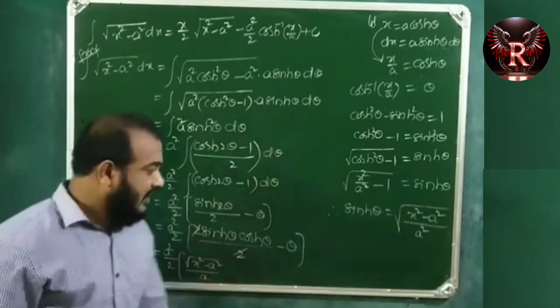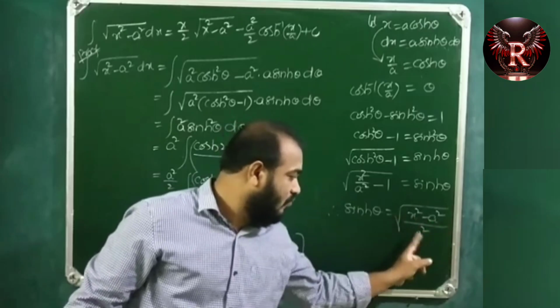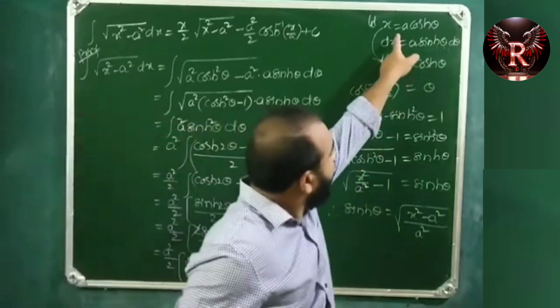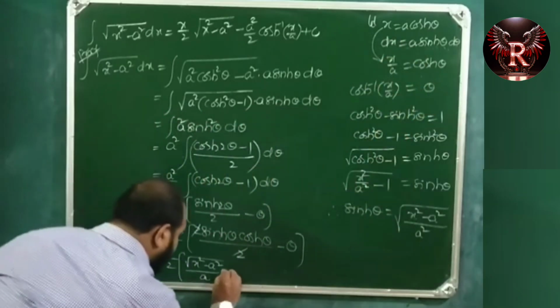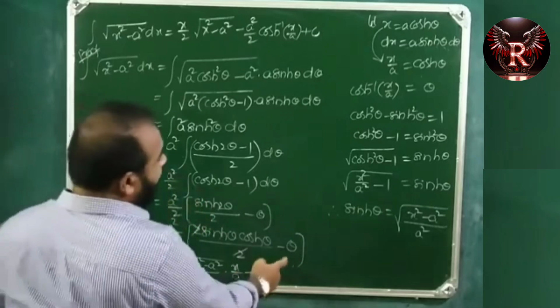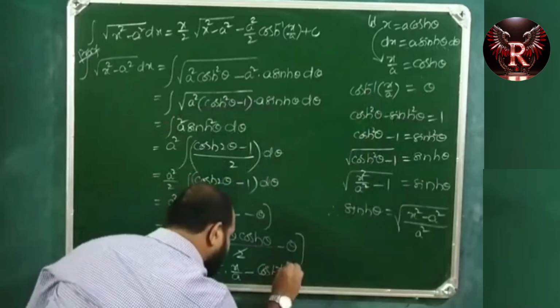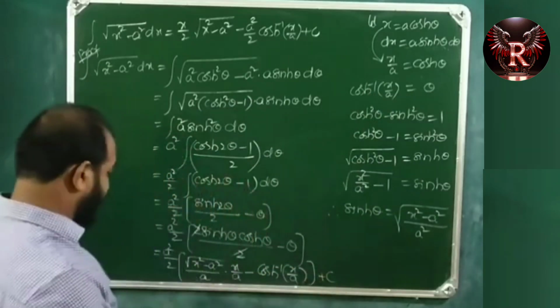For sin h theta I have replaced it as square root of x square minus a square by a, into cos h theta, which is x by a, minus theta, which equals cos h inverse x by a, plus constant of integration c.